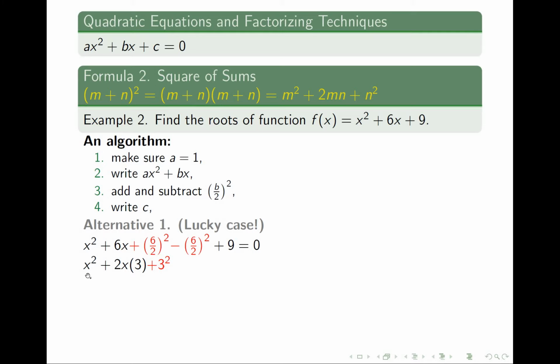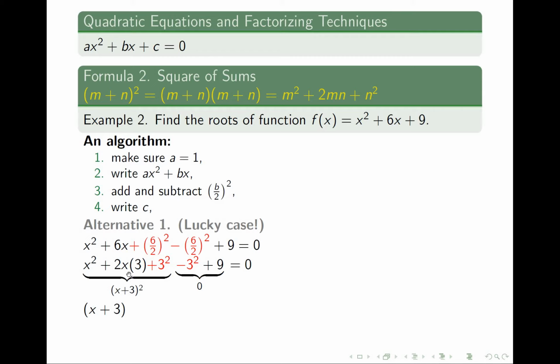You can see this is equivalent to the formula, so we can rewrite it in this form, which is (x plus 3) squared. And then we rewrite what is left, so minus 3 squared plus 9, which is 0. We got 0 here. That's why I called this the lucky case. And then equals 0.